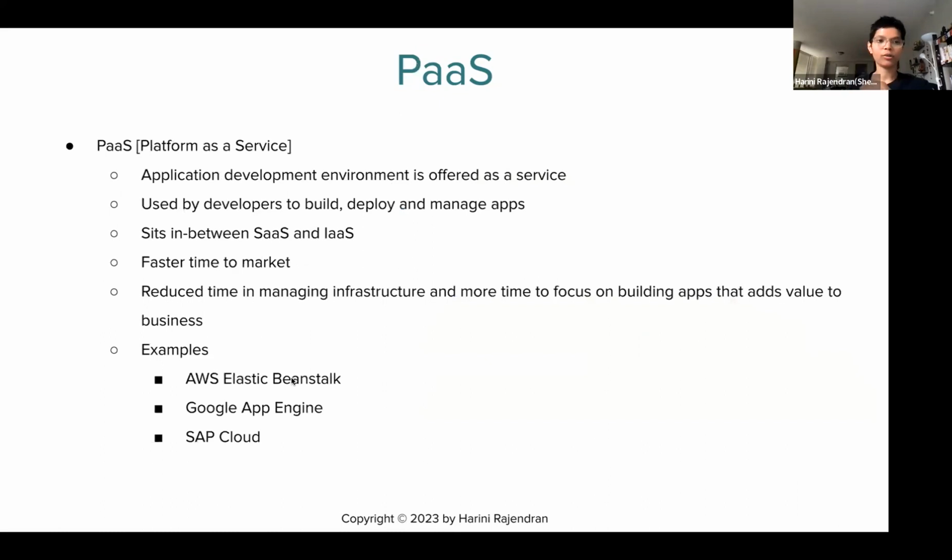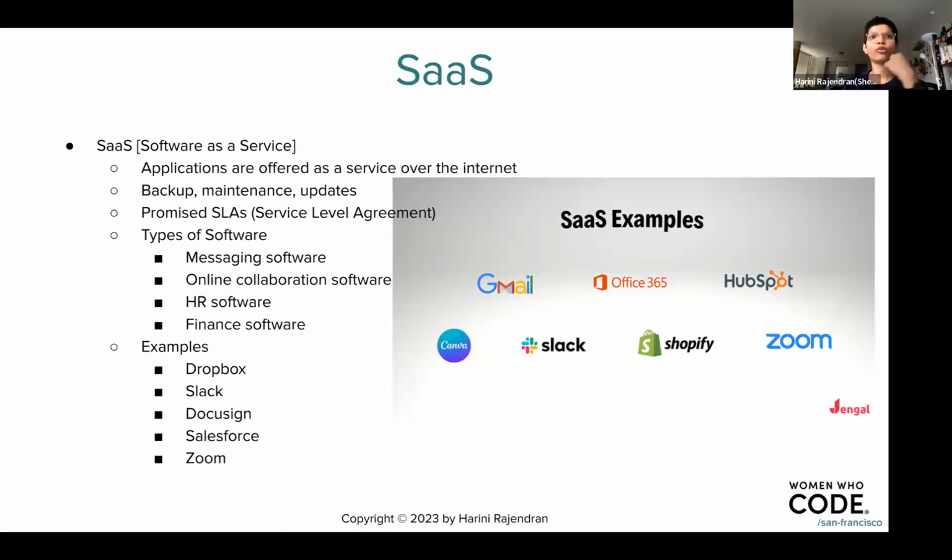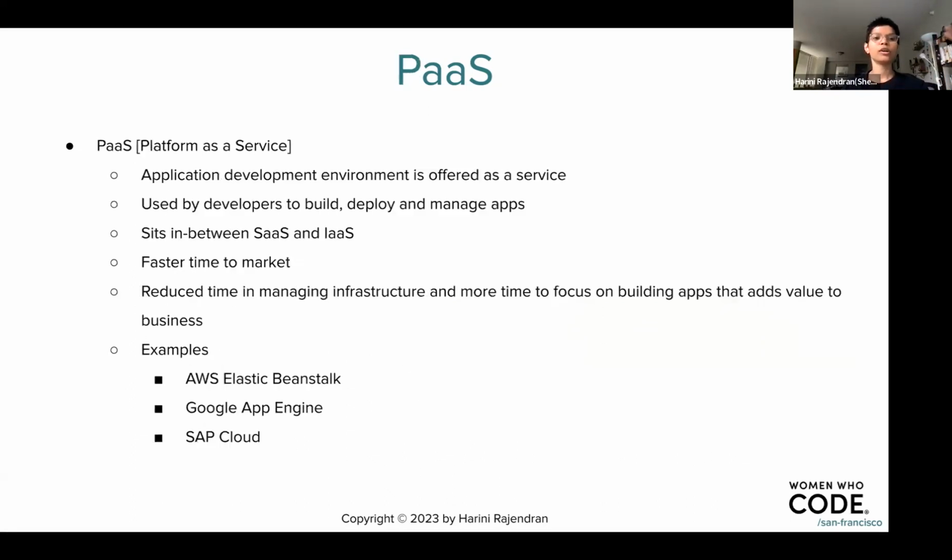Next, one level above this is platform as a service. Software as a service is, you don't write any code, you don't manage any application, you just use the application that's offered as a service to you. But let's say you go one level above, saying you have your own custom application. Let's say you have your own website, or some backend server that you wrote.